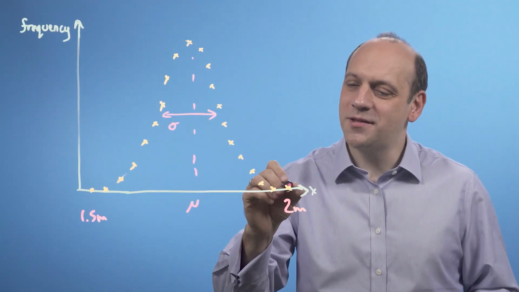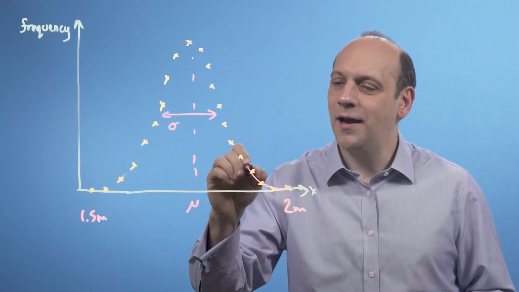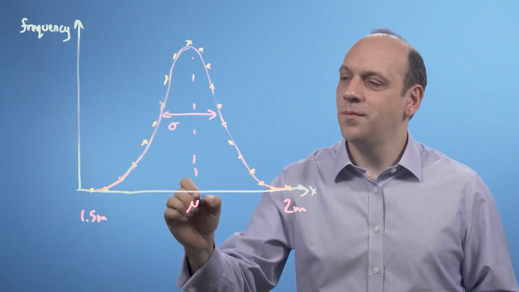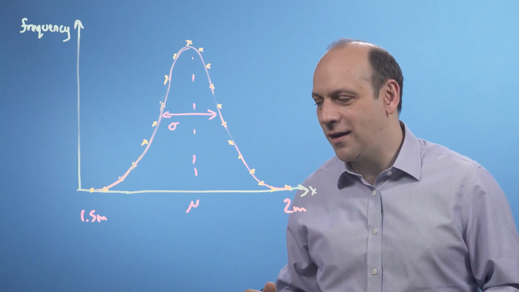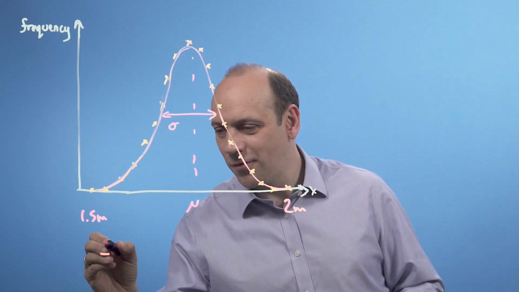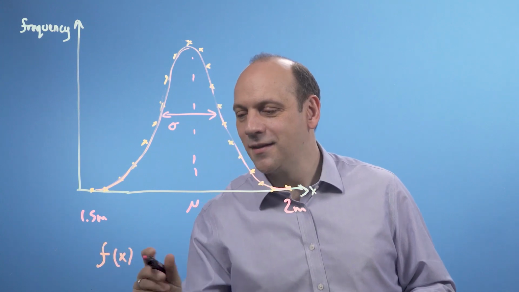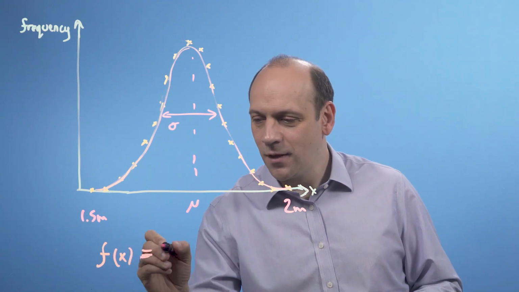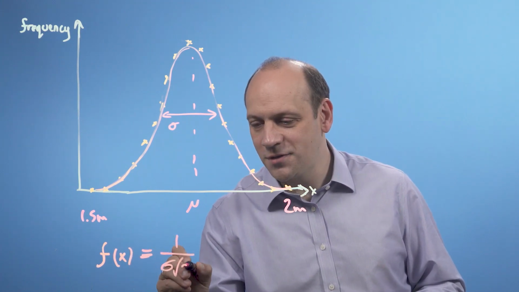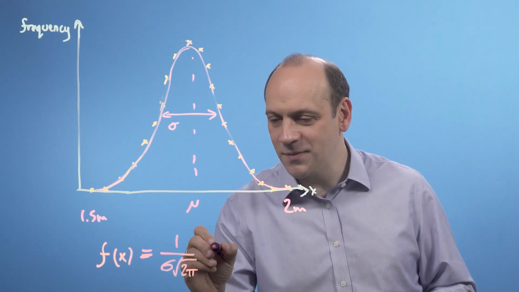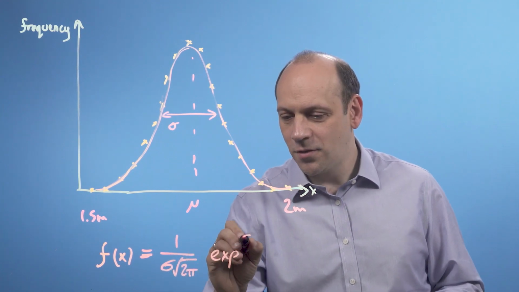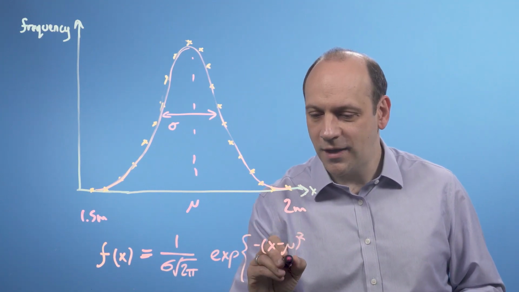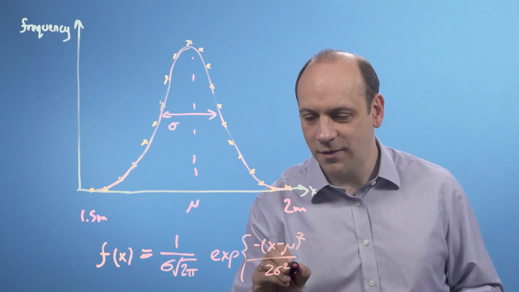So we could fit it with some curve that had two parameters, mu and sigma. And I would use an equation like this. I'd call it f of x, some function of x, where x is the height, is equal to 1 over sigma root 2 pi times the exponential of minus x minus mu squared divided by 2 sigma squared.